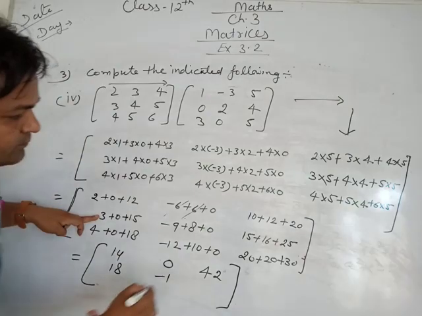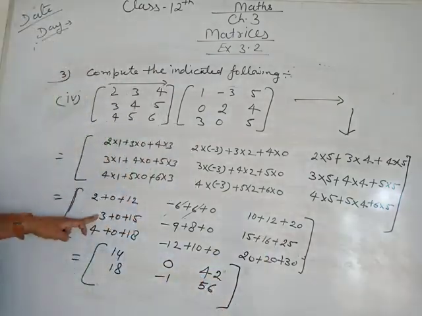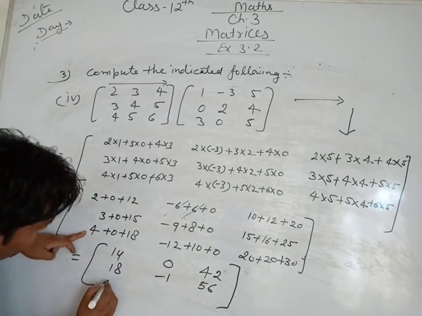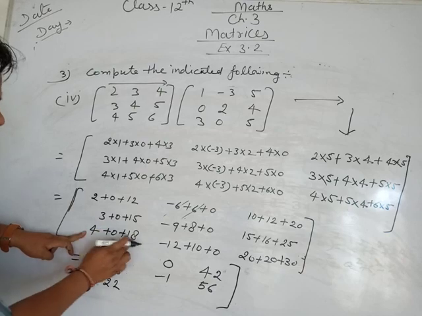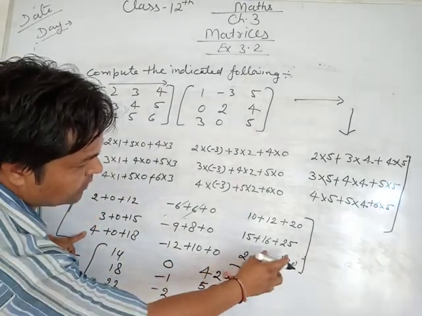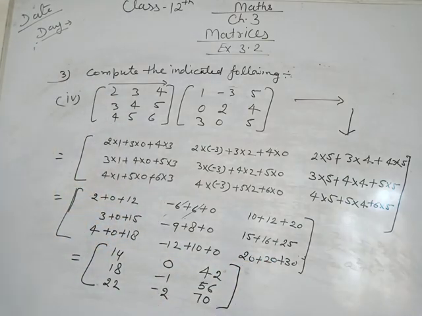Minus 1, 40, 56. 18 minus 2 and here 20, 40 and 70. Clear? 14, 18, 22, 0, minus 1, minus 2, 42, 56 and 70. It is the answer of this part.